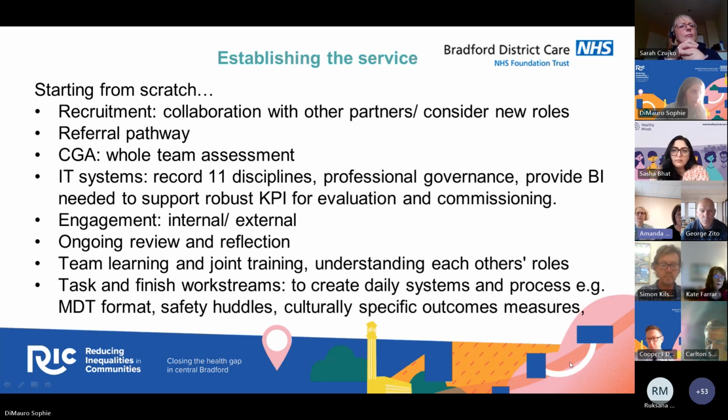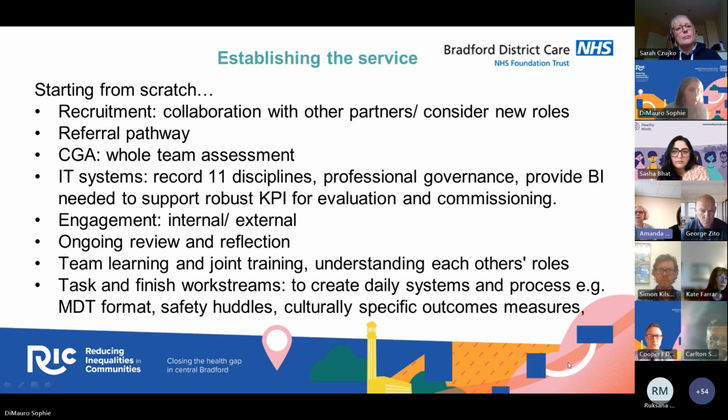We have regular safety huddles so that we're addressing things such as NEWS scores, which we've adopted to try and identify a deteriorating patient and early escalation of people who are acutely unwell. And we're very conscious of making culturally specific outcome measures.